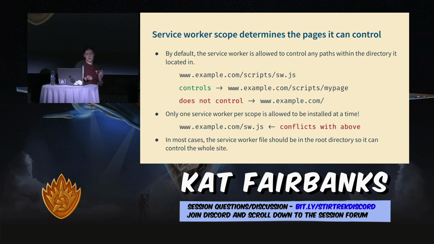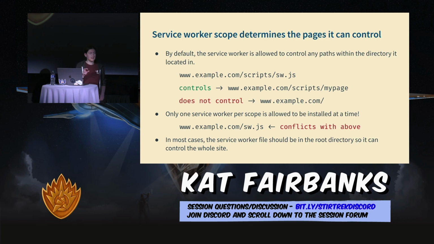One thing to note is service worker scope determines what it can control. By control, I mean what pages and which paths it can handle fetch events and things like that for. By default, the service worker is allowed to control any paths within its directory.